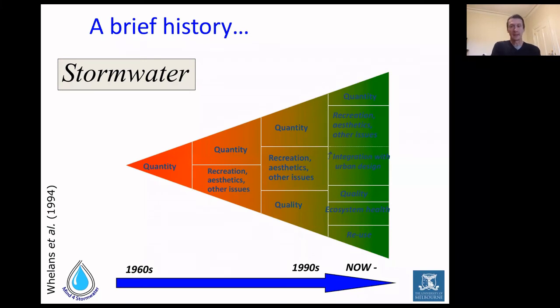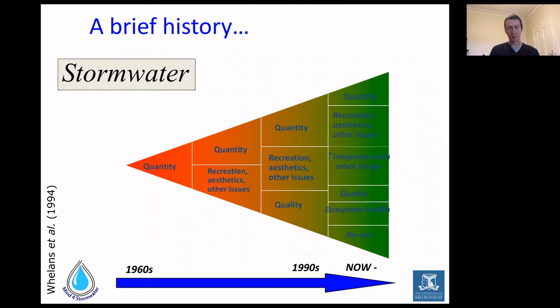Stormwater has seen a really significant evolution as well, and the primary focus of this presentation is about stormwater. It's seen a focus initially just on getting rid of it to try to reduce flood risk and nuisance kind of effects of having water everywhere, through to one where we think about how to integrate our stormwater corridors in a way that provides good aesthetics and recreation, and now really integrating into the urban design, thinking about the quality of that water so we're not impacting receiving waters, and thinking even about the effects of the flow regime, so we're protecting habitats downstream, and increasingly about capturing that water.